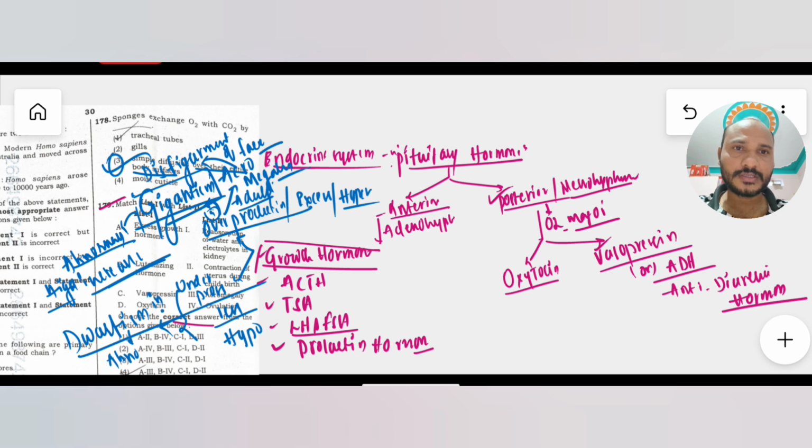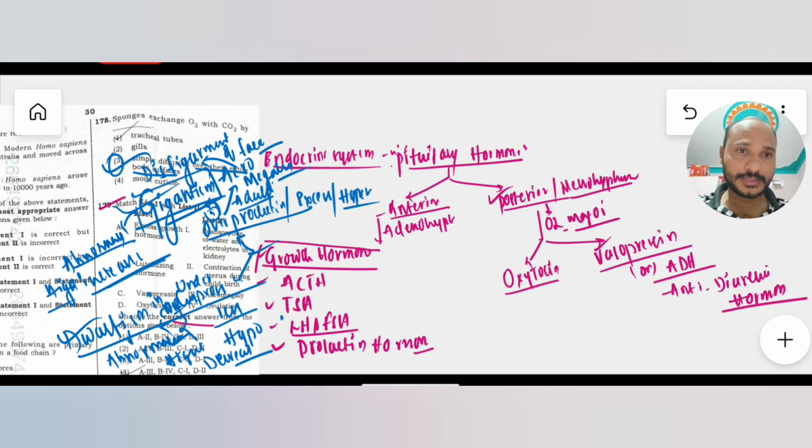Dwarfism, abnormal height decrease, is due to underproduction of growth hormone, but overproduction of growth hormone leads to gigantism in children. So likewise, growth hormone overproduction and underproduction have their respective disorders.